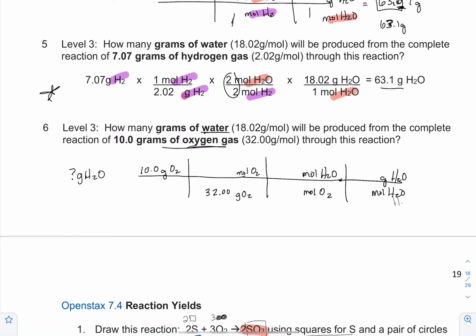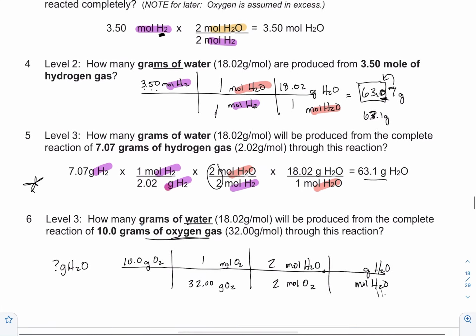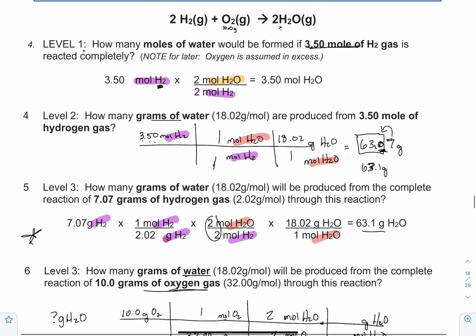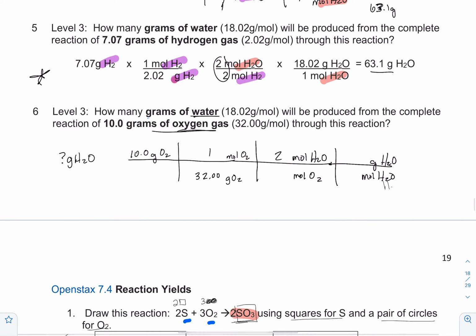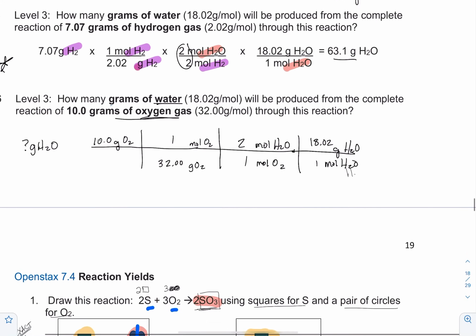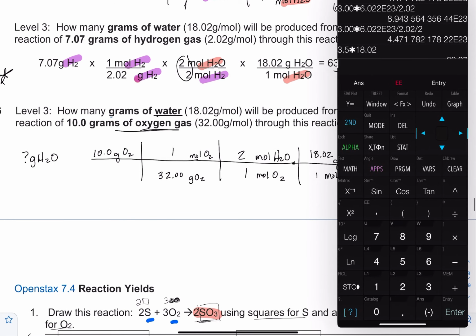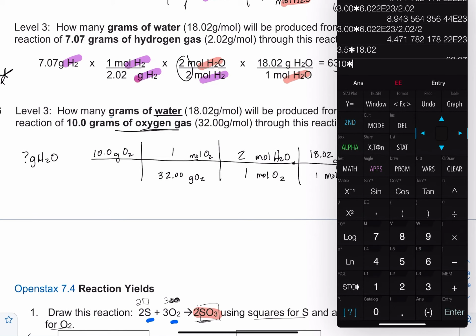And we're going to plug it in. So 32 in 1 mole. And then we have, if you look at that equation up there, it's 1 to 2 actually. See, it's an understood 1 and 2. So that bottom number should be a 1. And then we already calculated this earlier. It was the 18.02. And if I put in my calculator, I will get 10 times 2 times 18.02 divided by 32 divided by 1, I guess.